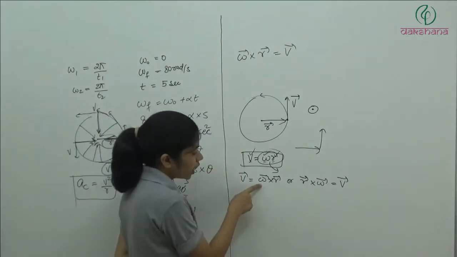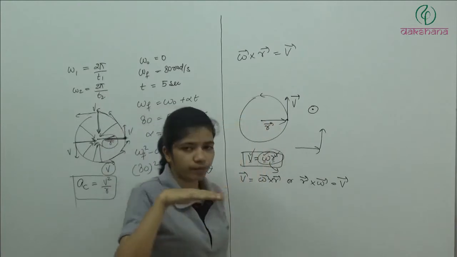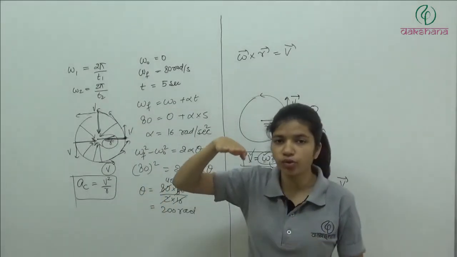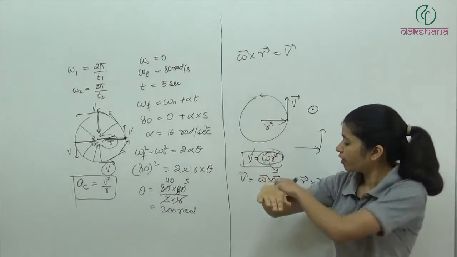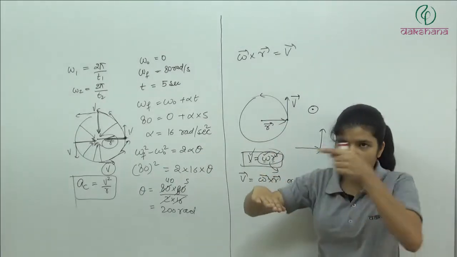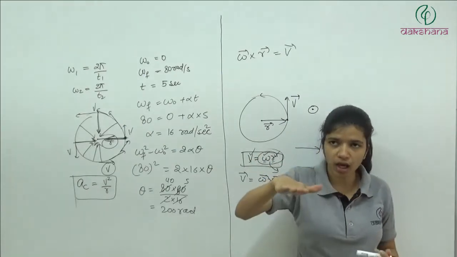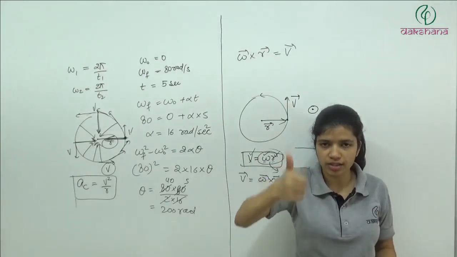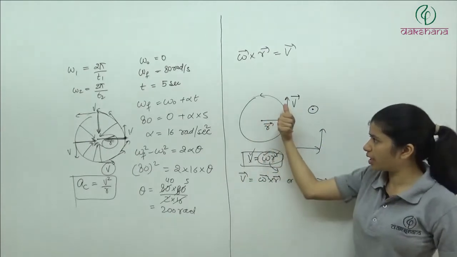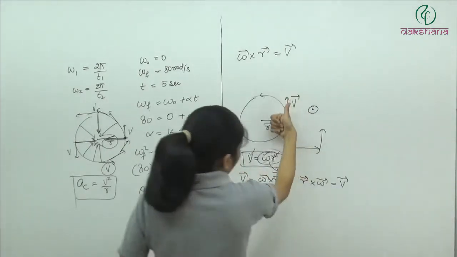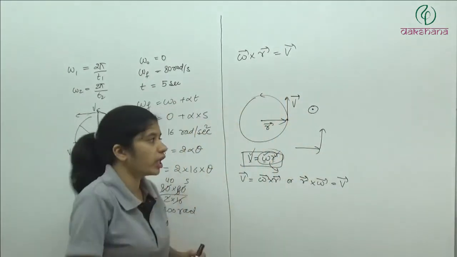So we should take the product such that it satisfies the direction. If we take omega cross R, omega is outside. So first vector, fingers will point towards first vector. So omega, we are seeing this. Omega cross R. R is in this direction, omega is in this direction. Yes, this is coming in the direction of velocity. Omega cross R here, it is coming upward and velocity is upward.